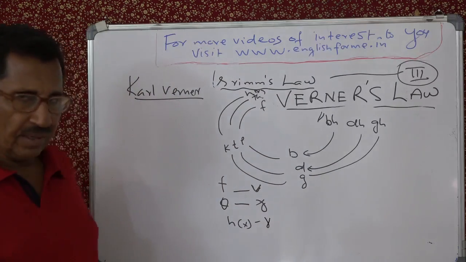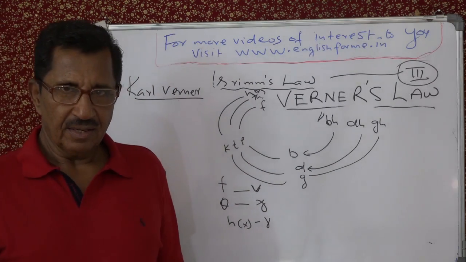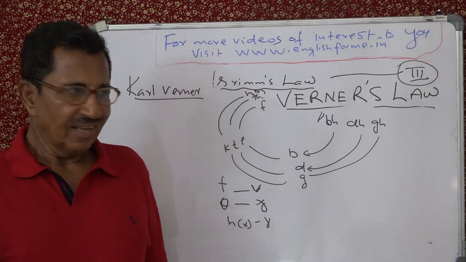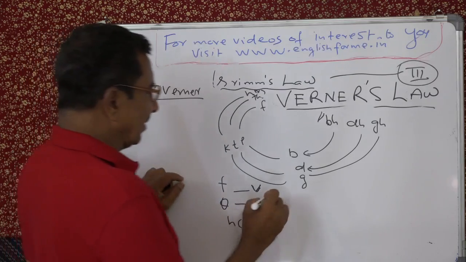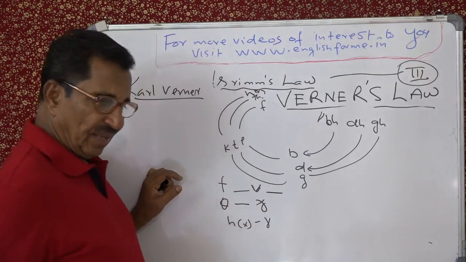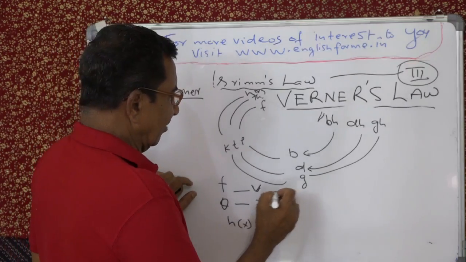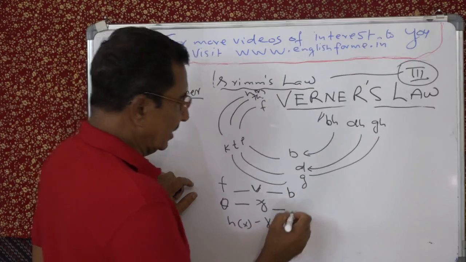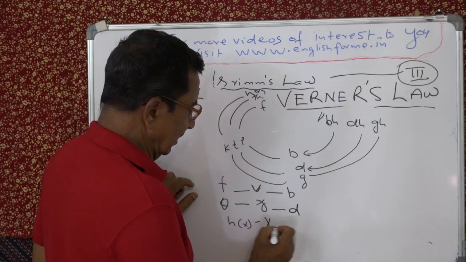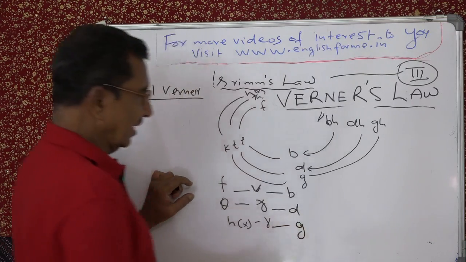This is the symbol given there. And it did not stop there also. After some time, again v became b, the became the, and became g.